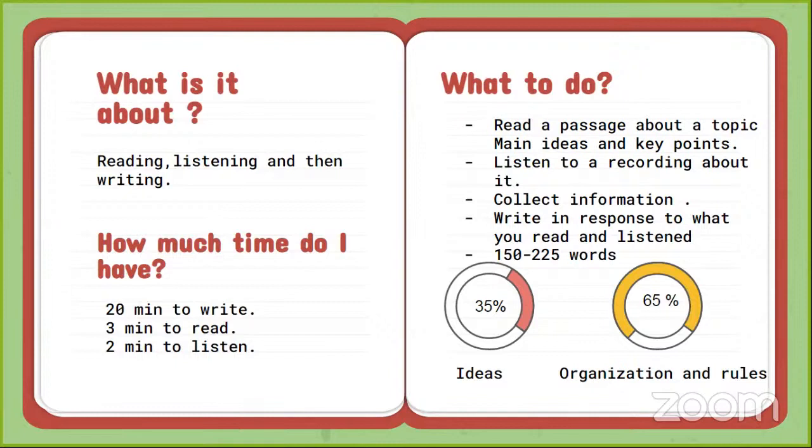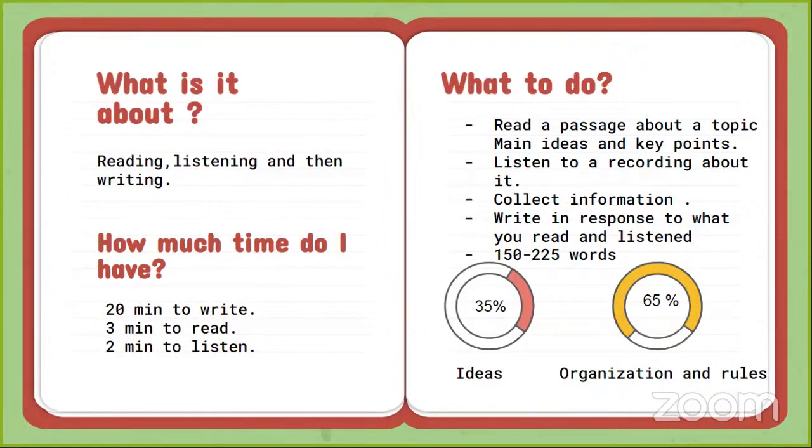Thank you, Mariela. So, as your partner mentioned, writing task 1 is about reading, listening, and then writing. You will have to read, then listen, and after that, you will have to write. How much time? 20 minutes to write, 3 minutes to read, and 2 minutes to listen. Consider the time, please. First, you will be reading a passage about a topic.